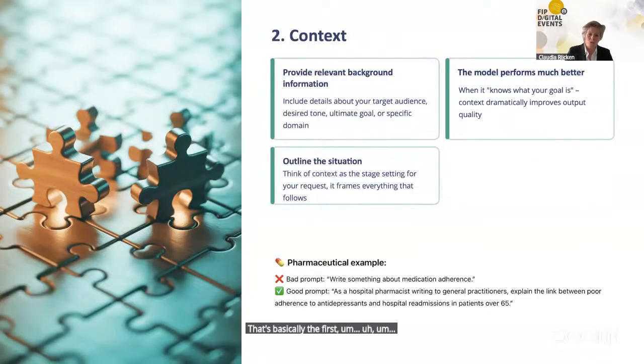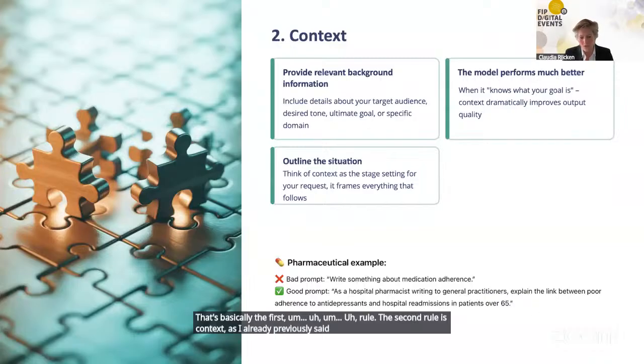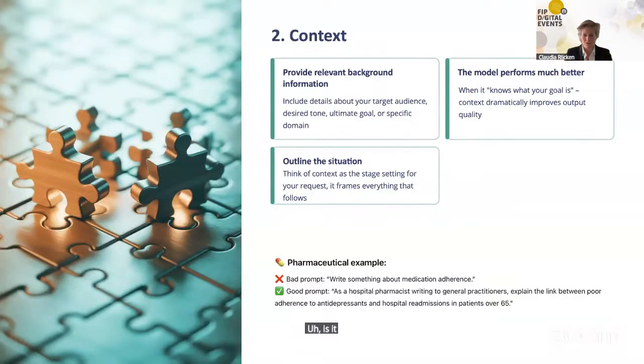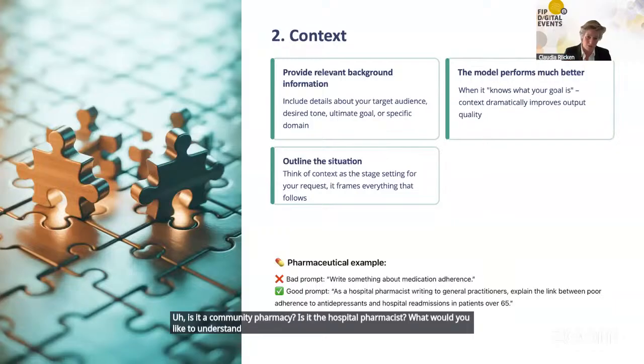That's basically the first rule. The second rule is context, as I already previously said. Within the context, you need to provide relevant background information. So what's your target audience, but also is it a community pharmacy? Is it a hospital pharmacist? What would you like to understand? And also, what does the model need to check?